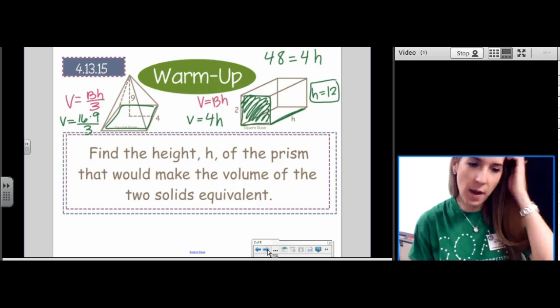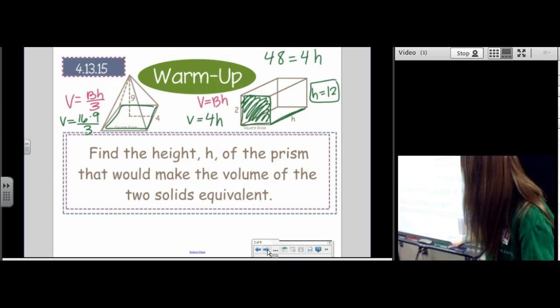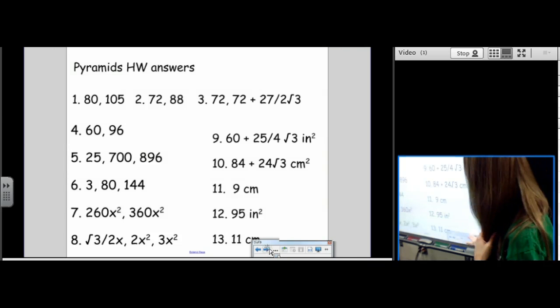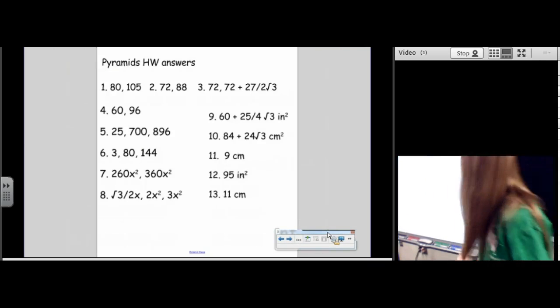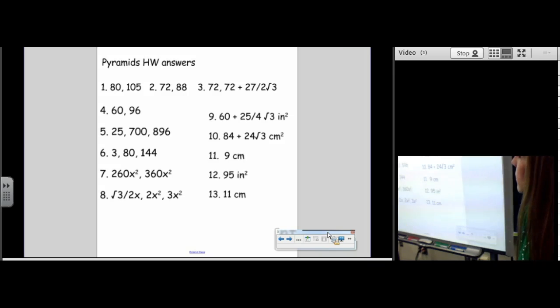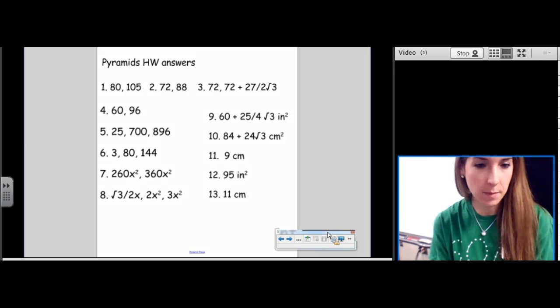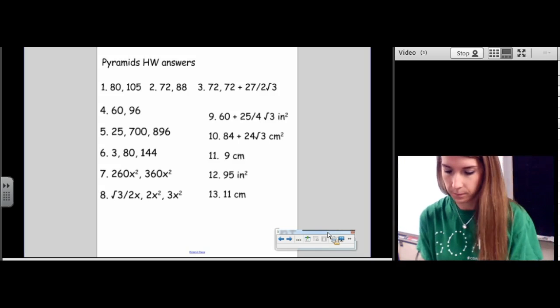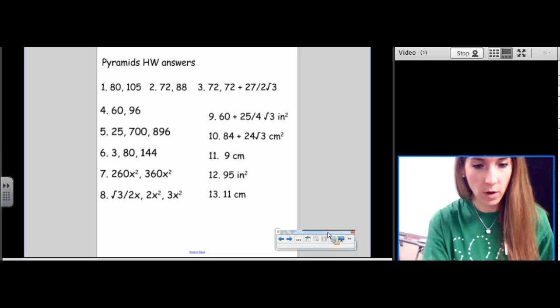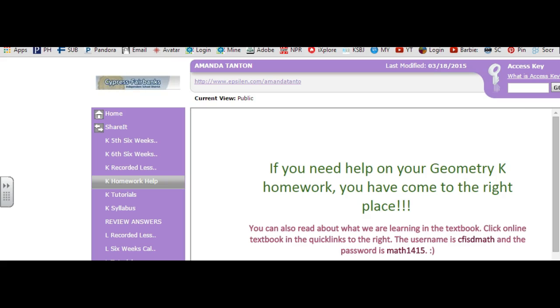Who got that the height was 12 before I started working it? Here are the pyramid's homework answers. It wasn't that long of a homework. That doesn't mean it was easy, but it wasn't very long of a homework. On my homework help, I've already worked 3, 9, 10, and 8.